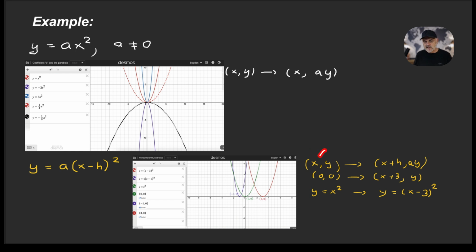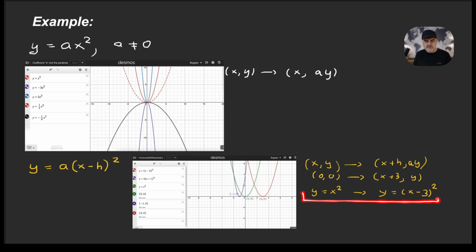So this is the mapping rule when the formula shows y is equal to x minus a number to the power of 2. So when you see x minus h to the power of 2, that causes the graph to be shifted to the right.